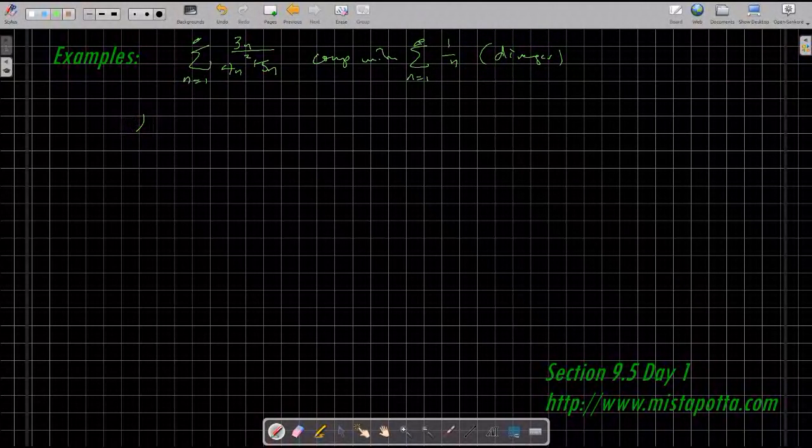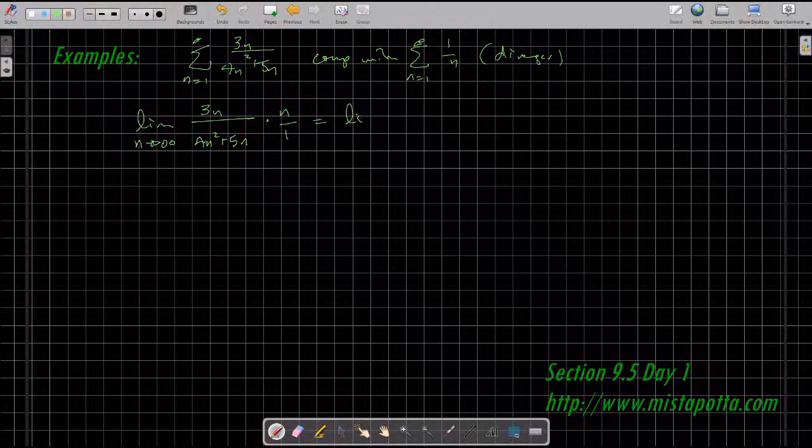So if I look for the limit as n increases without bound of the original sequence, 3n over 4n squared plus 5n, and I want to divide by 1 over n, which means I'm multiplying by n over 1.